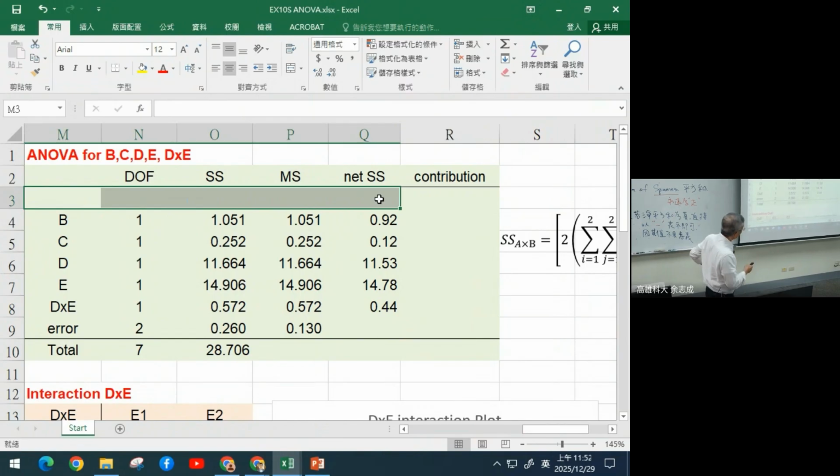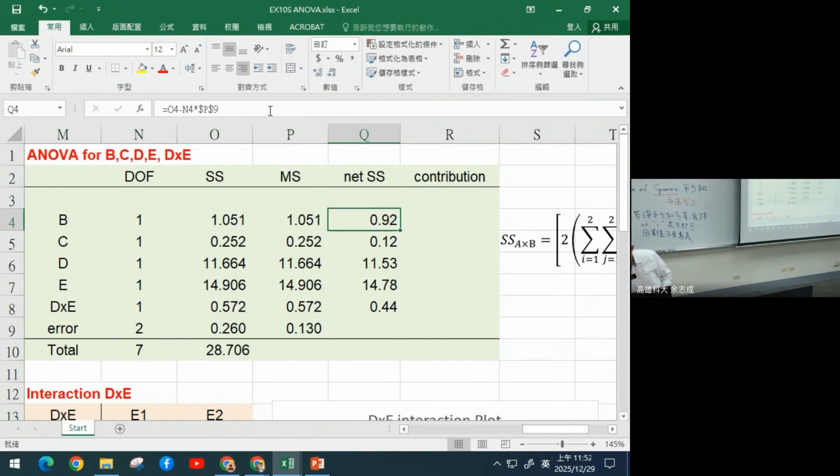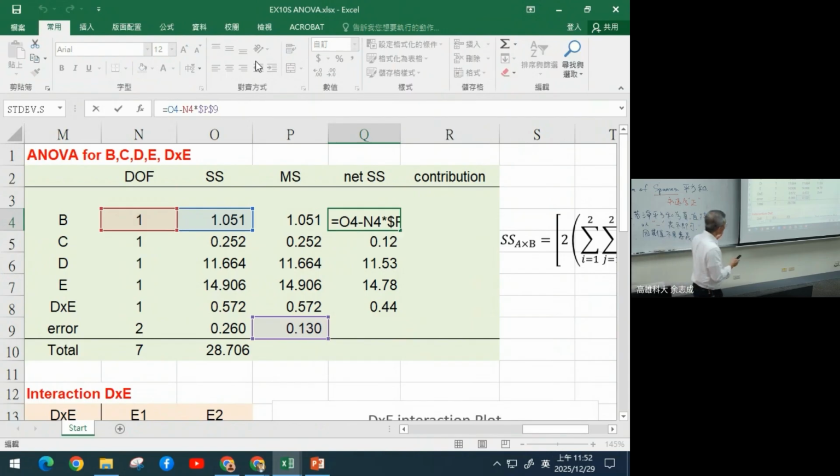Now let's look at the net sum of square. The net sum square is different too. Let's go back, Control Z. You see, the net sum square was 0.87, etc. But when I remove A from the model, the net sum square will change. Why? Since the net sum square is automatically calculated from the sum square for the current value, which doesn't change, minus degree of freedom multiplied by mean sum square.